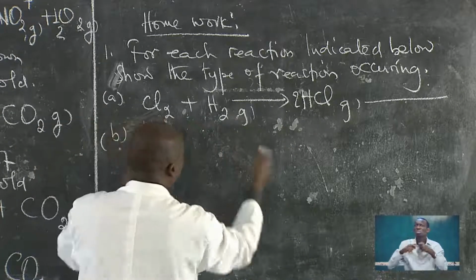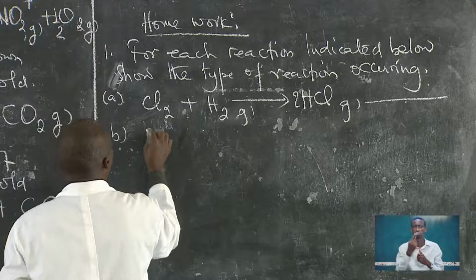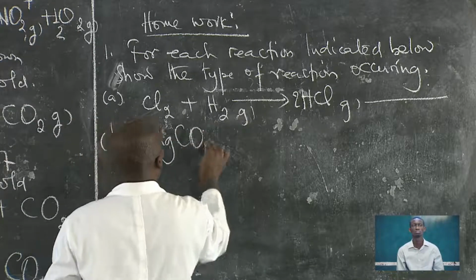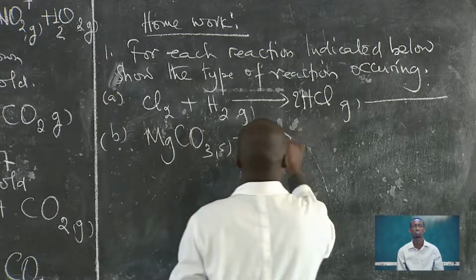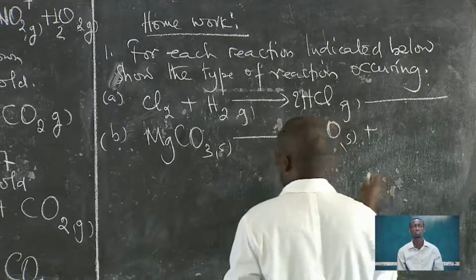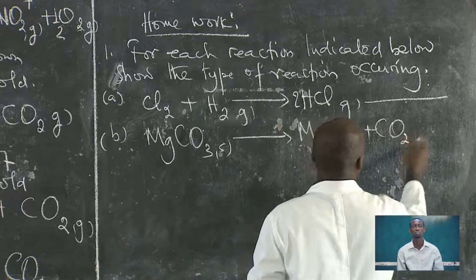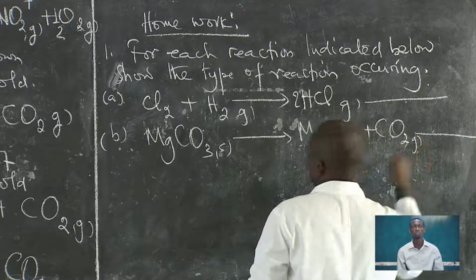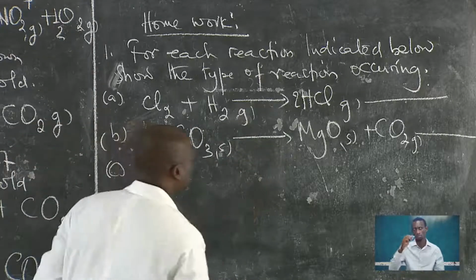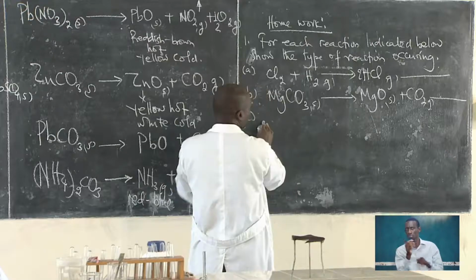B, so you have chlorine and hydrogen. C, you have magnesium carbonate giving magnesium oxide and carbon dioxide.